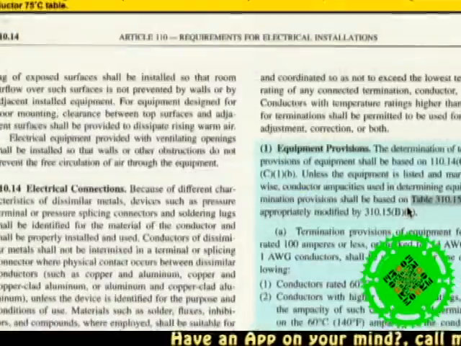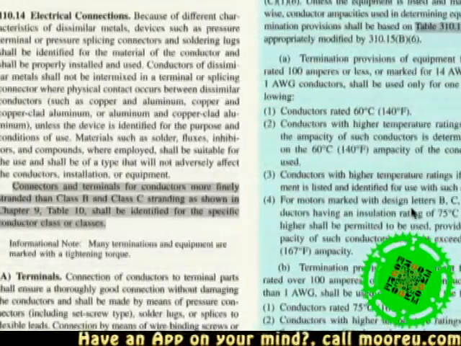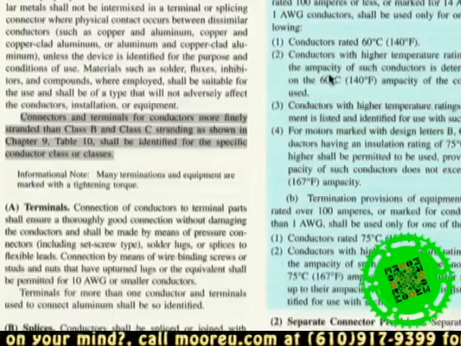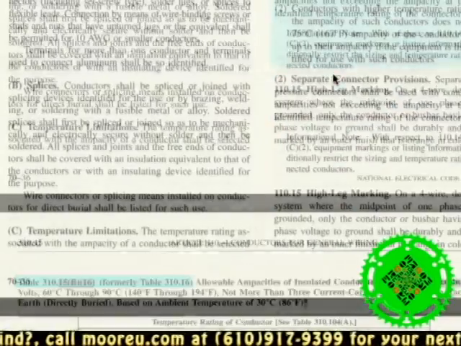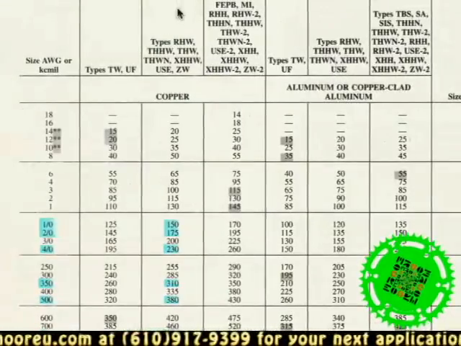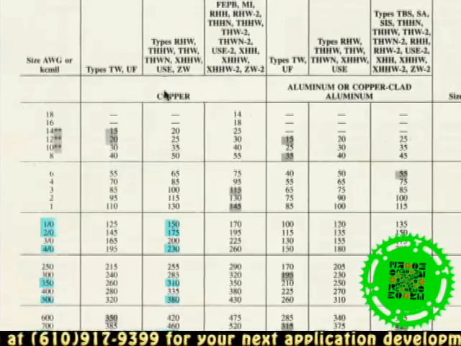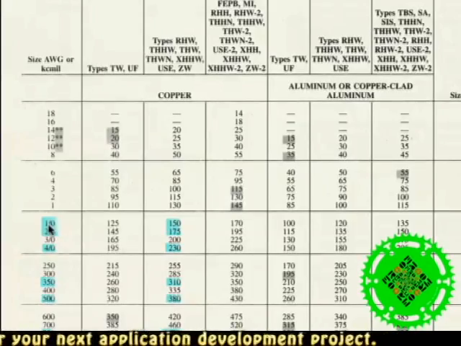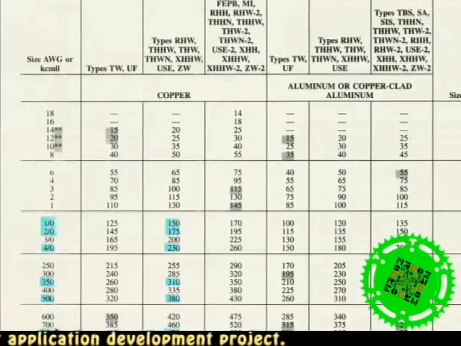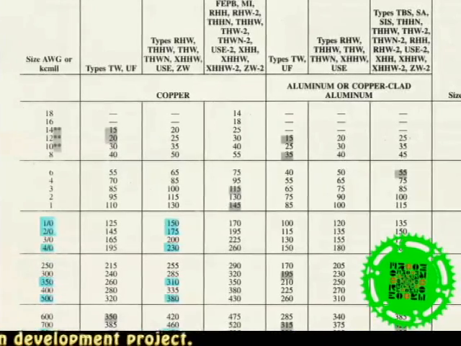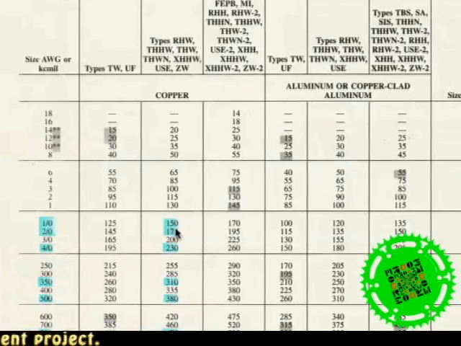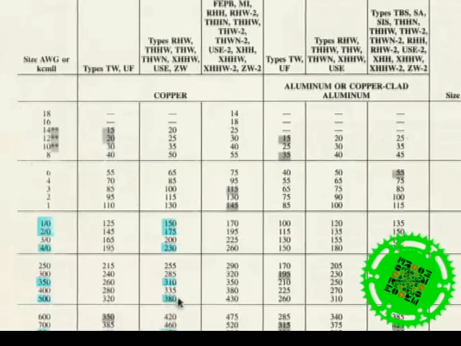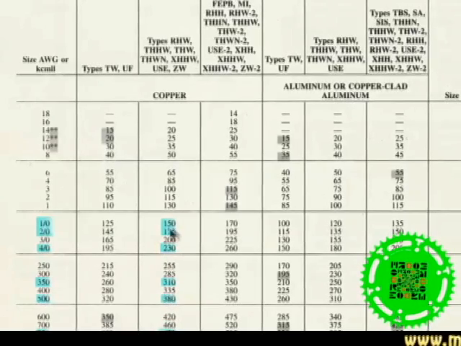Also, you'll notice at the bottom of this, you'll find the National Electric Code standards as far as how to select the proper ampacity for the temperature, and as well as what is the max current carrying capability of the conductors. So in this particular case, we're only going to be sizing cables from 1/0 all the way through 750 MCM, and I've highlighted in blue the values that we are going to be using for this application to size the ampacity of the wire.